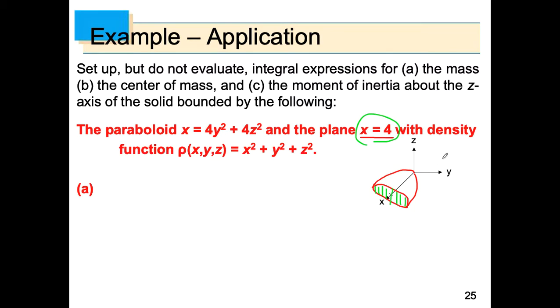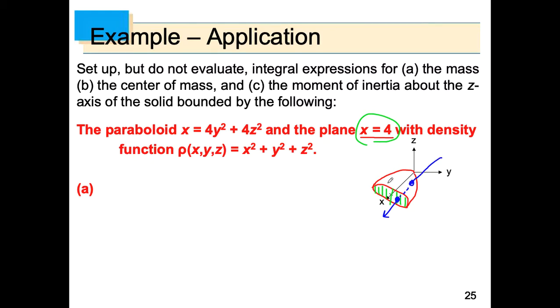So if I shoot my arrow in the positive x direction, coming from the negative x region, it's going to enter the paraboloid first, right? It hits the paraboloid, goes inside it, and then exits somewhere on the other side through that little disk x equals 4, coming out the other end.